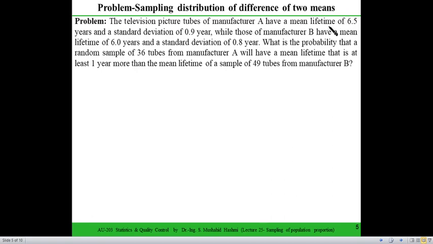As you know, the mean life of A is 6.5 years, which is higher than 6 years. So if you decide on the basis of the mean, then manufacturer A has a higher mean life than manufacturer B.